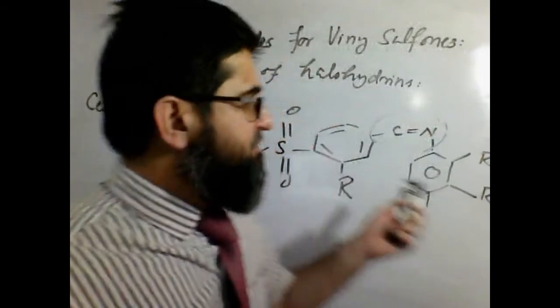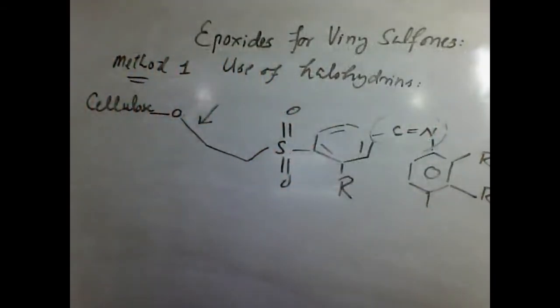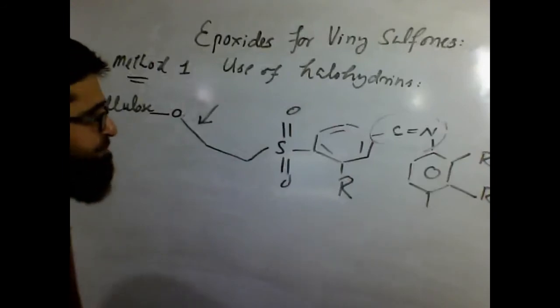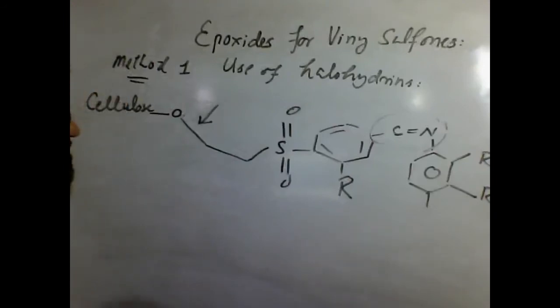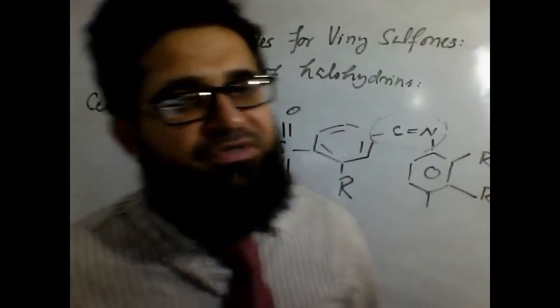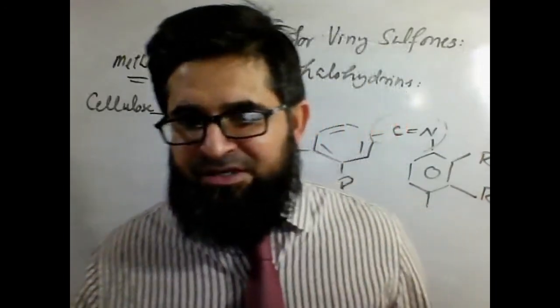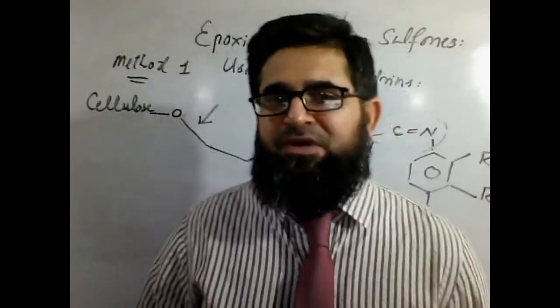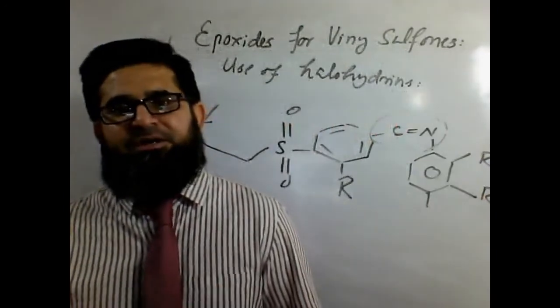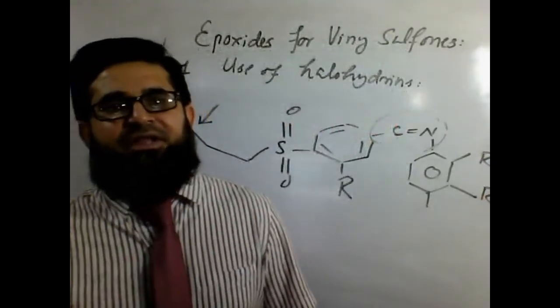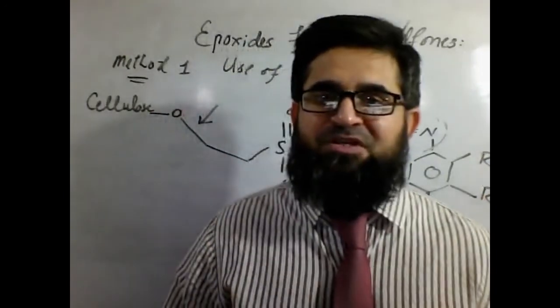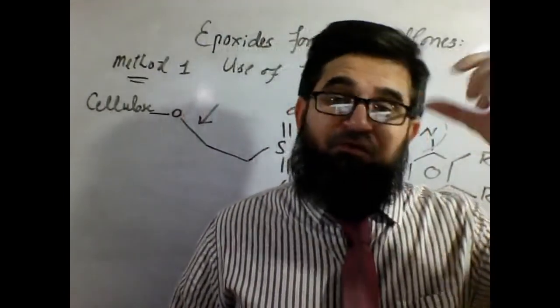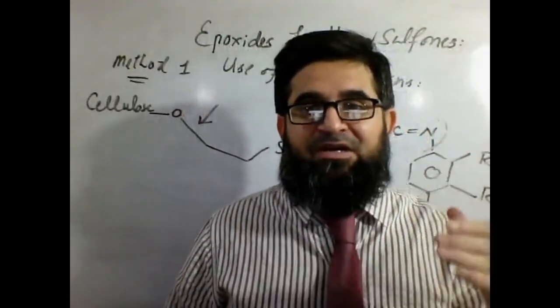So vinyl sulfone could be introduced into any dye, and as the vinyl sulfone is introduced, those dyes will become reactive dyes. So with this one I will close the topic of the reactive dyes, because I've just given you an overview about what the reactive dyes are.